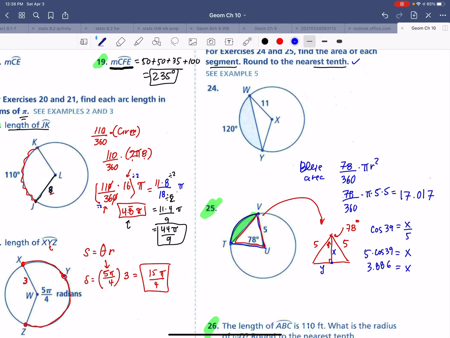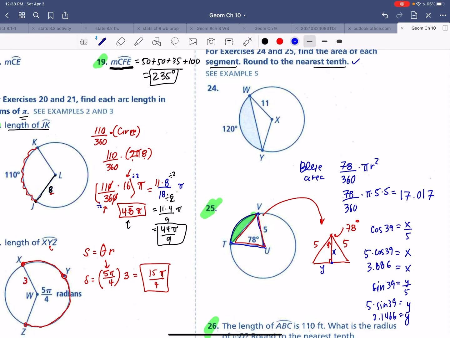And let's solve for y. The sine of 39 would be y over 5. So y would be 5 times the sine of 39. 39 sine times 5. 3.1466. Wow.